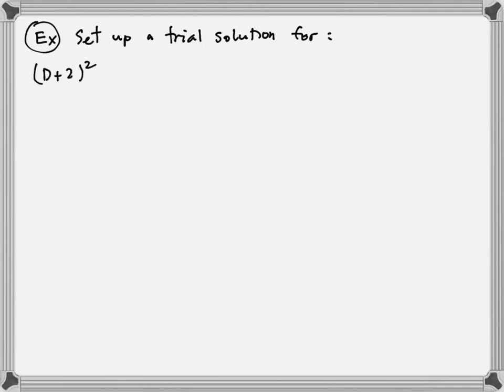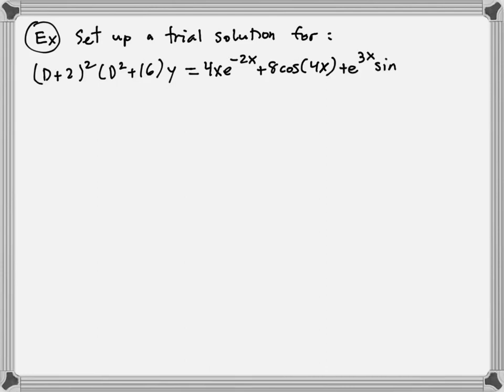So, last example. I want us to set up a trial solution for the following craziness: D plus 2, squared, times D squared plus 16, y is equal to 4x e to the negative 2x plus 8 cosine of 4x plus e to the 3x sine of 2x.